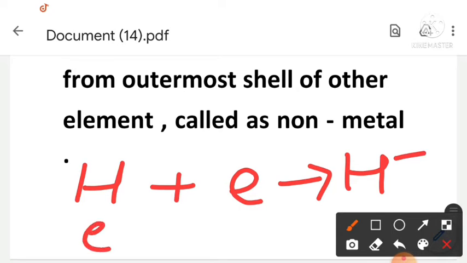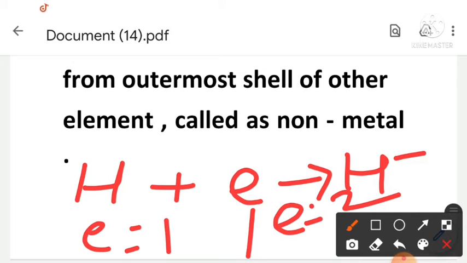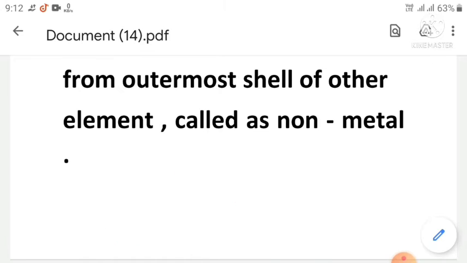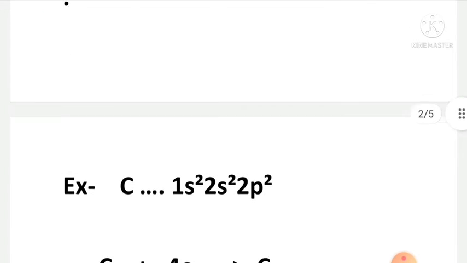Here electron is 1 but now electron is 2, because after gaining 1 electron it becomes 2 electrons. Now we see the next example.